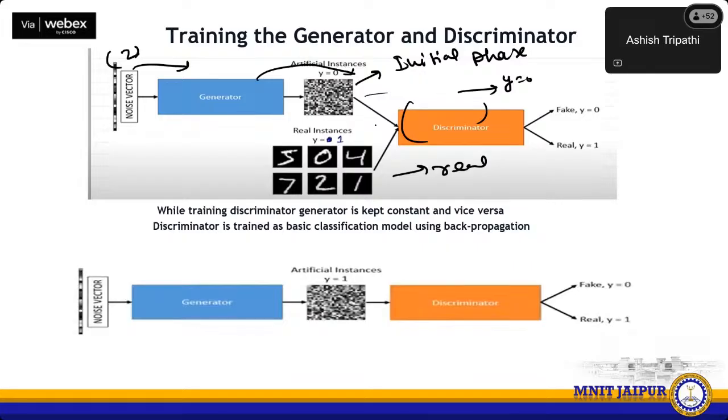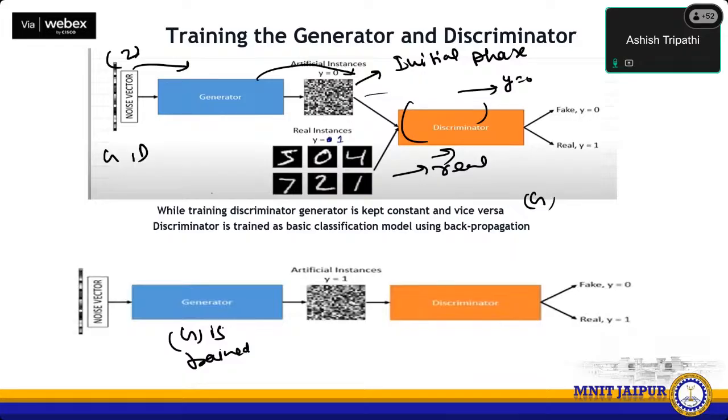And here one very important point has to be noted: why we don't train the generator and discriminator at the same time. While the discriminator is trained, G is kept constant. Similarly, at the time of training of the generator, the discriminator is kept constant. Why is it so?